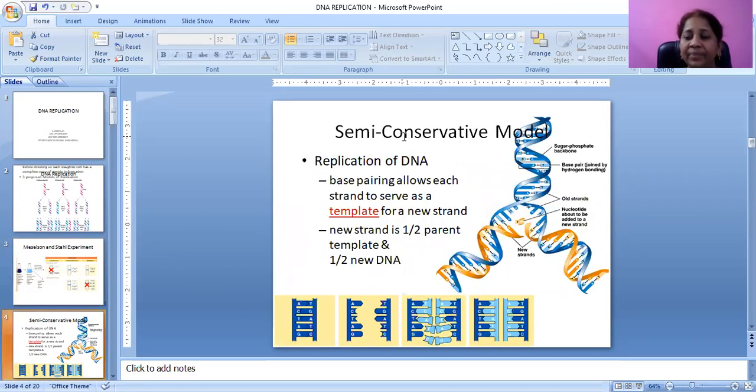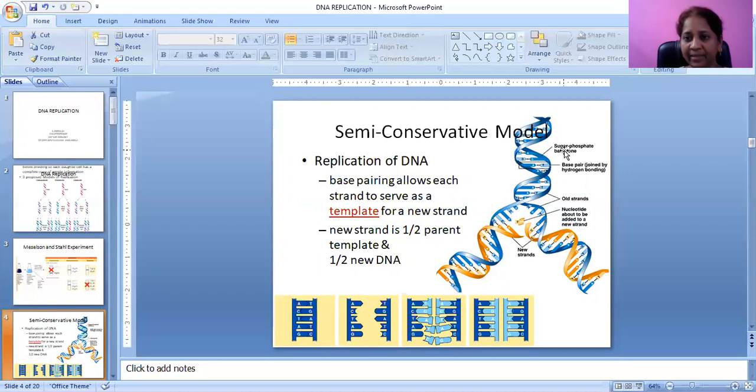Here in this diagram, we can see the semi-conservative model of replication of DNA. Base pairing allows each strand to serve as a template for a new strand. If A is present on the parent strand, then in the daughter strand that will be T. If T is present on the parent strand, the daughter strand will have A. The new strand is half parent template and half new DNA.